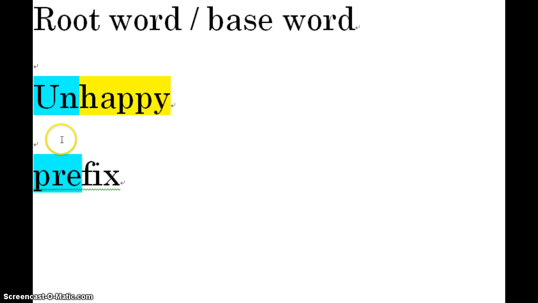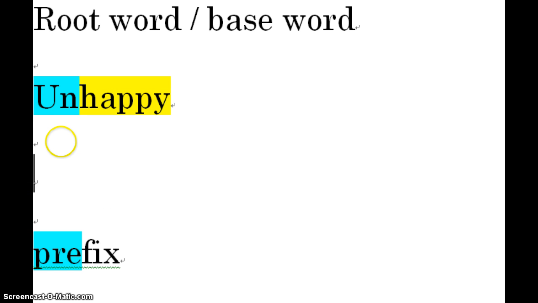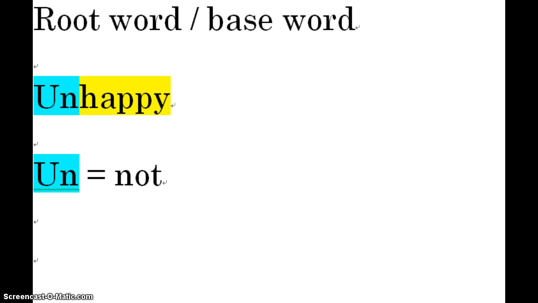So un means not. So unhappy means not happy. Another prefix I'll introduce here is the opposite of pre.